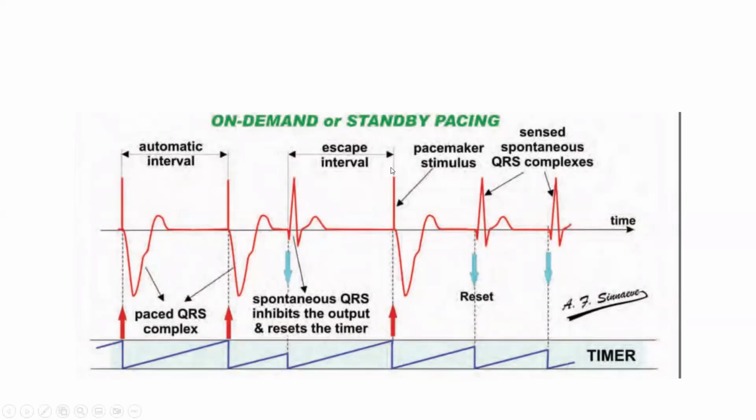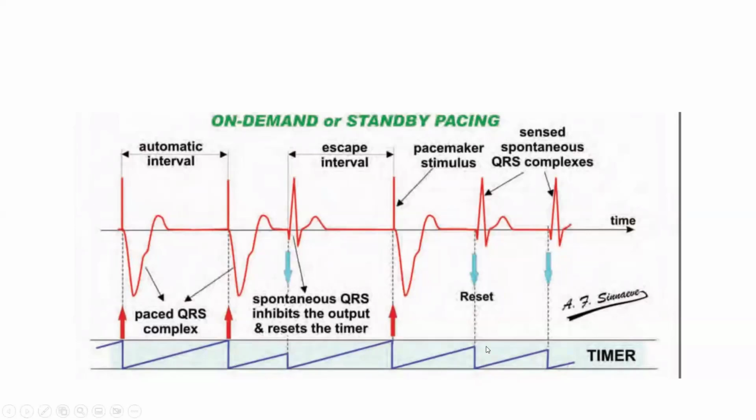So it ends with a spike. And if we measure the interval between the intrinsic QRS complex and the following spike, it's similar to the interval. We call it escape interval here, just a naming after native QRS complex.